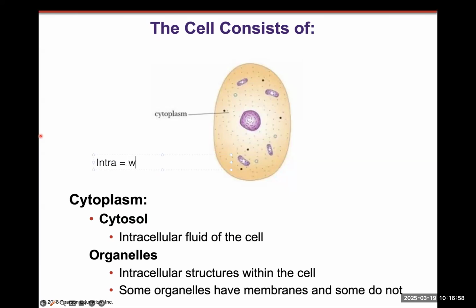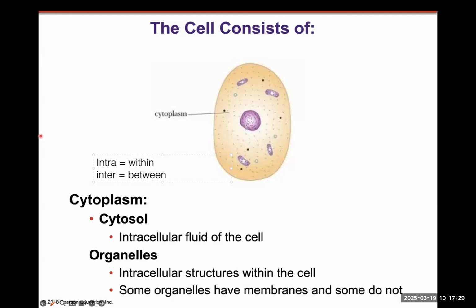It stands for within. If you look at this fluid, it's found within the cell. But if you change that term to inter, that means between. So intercellular fluid, instead of intracellular fluid, is fluid found between the cells, not within the cell. One letter can make that big of a difference.